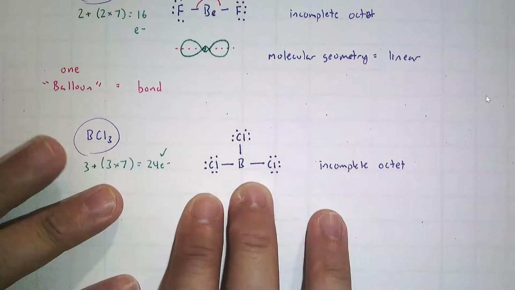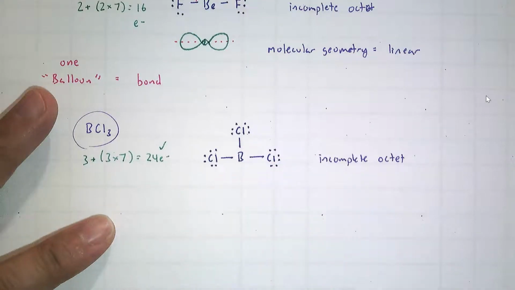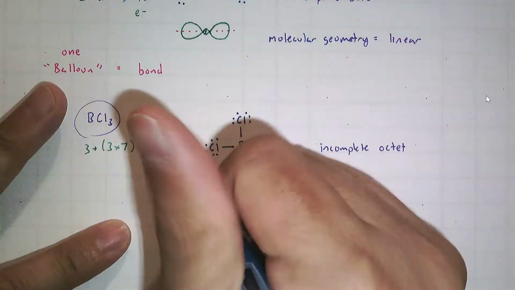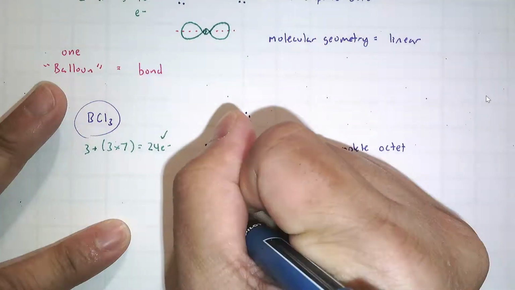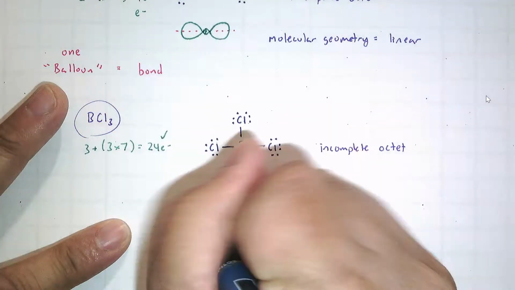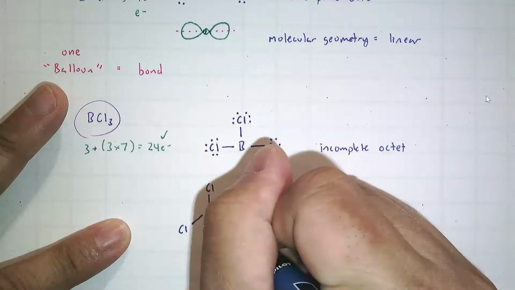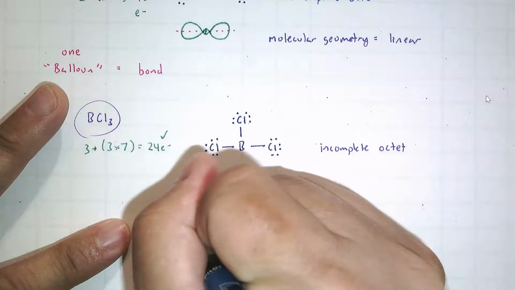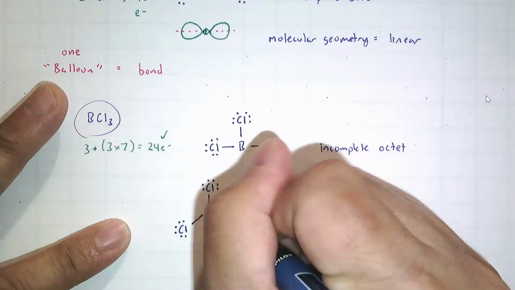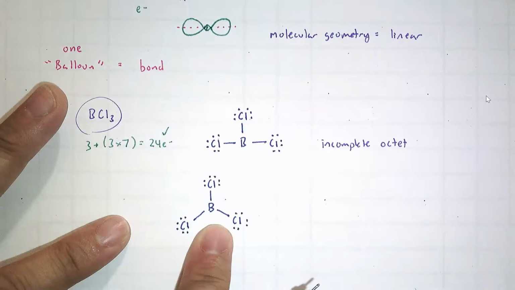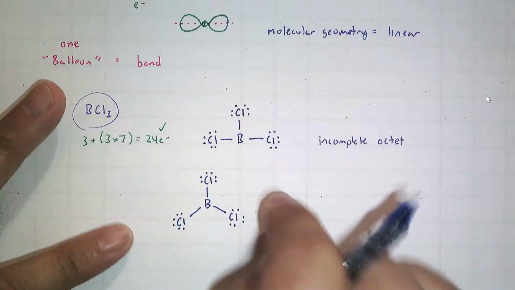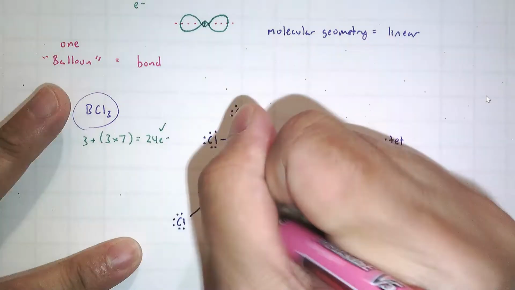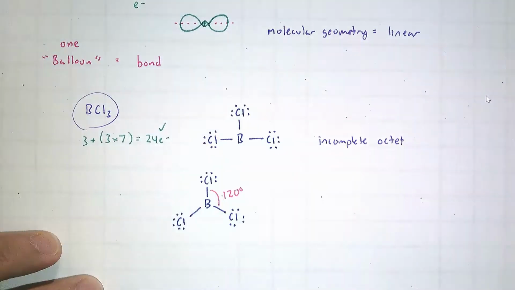So this is fine, fine drawn for a Lewis structure, but if you want to indicate the actual three-dimensional shape, really it forms sort of like a wheel with three spokes. Because again, valence shell electron pair repulsion theory says that these bonds, these electron pairs, got to be separated by as much space as possible, and that would be a 120-degree angle.